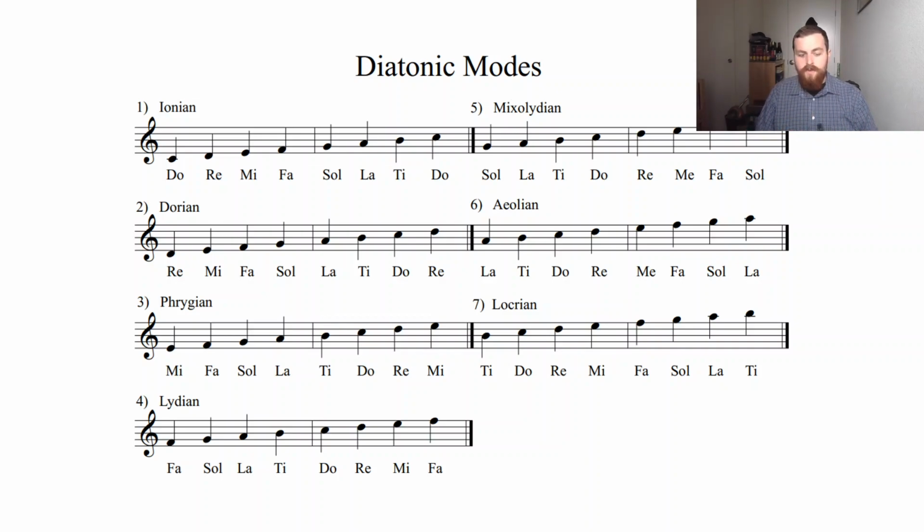Let's go on and move on to Dorian now. So, if this is do, we're going to be starting a C major scale now on D, which is re. Okay? So, I'm going to count off. I'm going to give you 4 beats of count off. And then every 2 beats, change notes and follow along with the solfege and try to get what that sounds like in your ear.